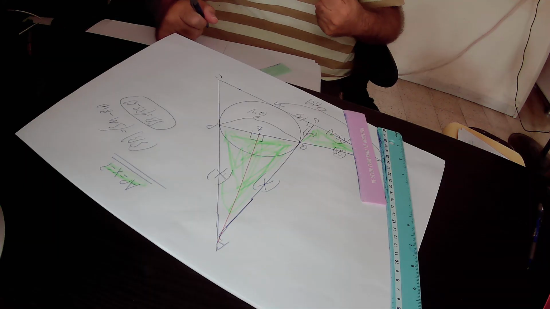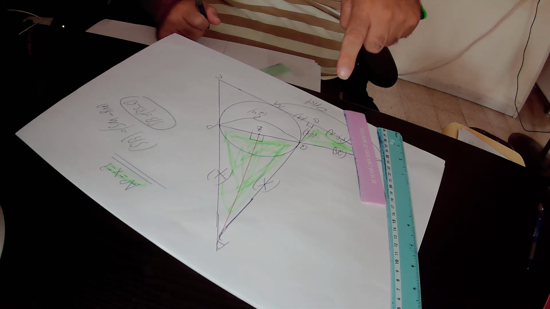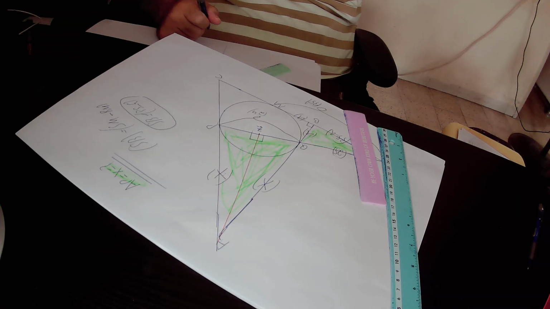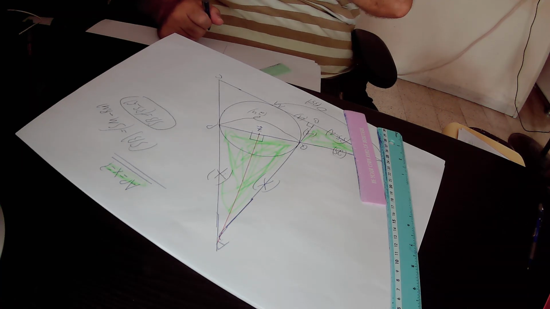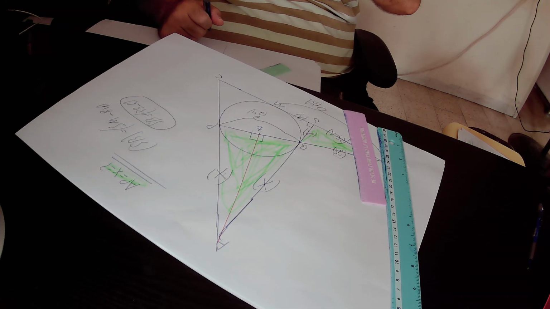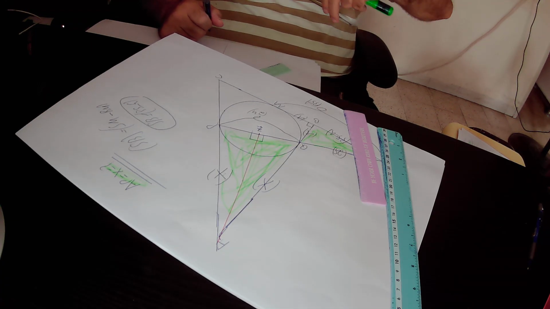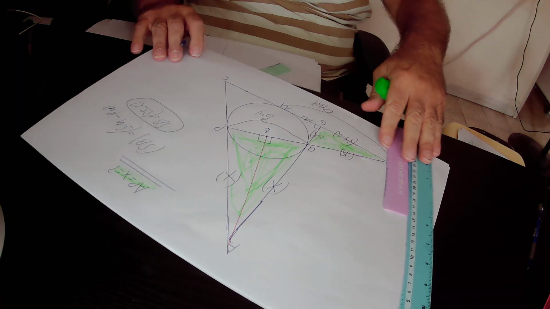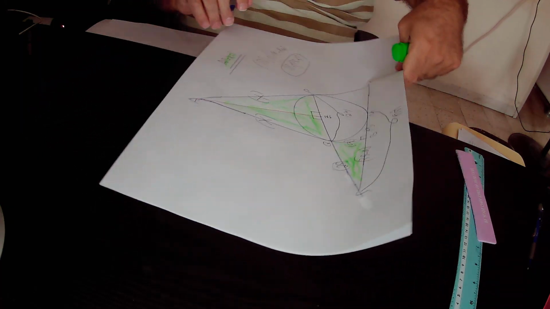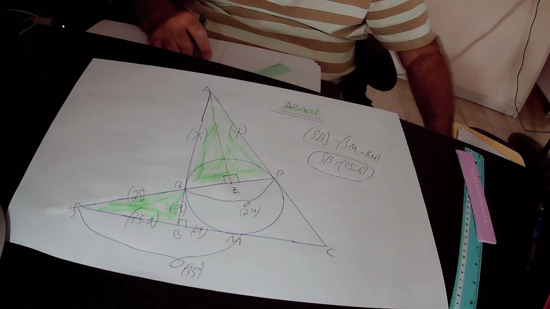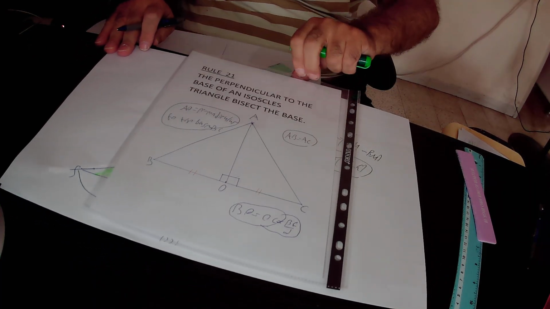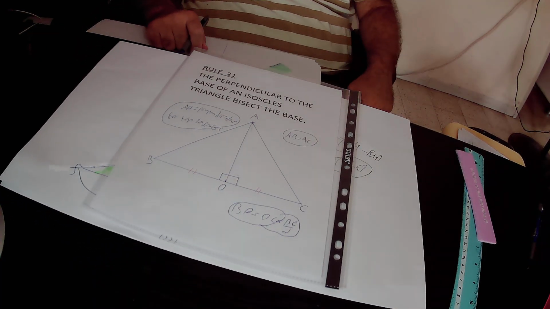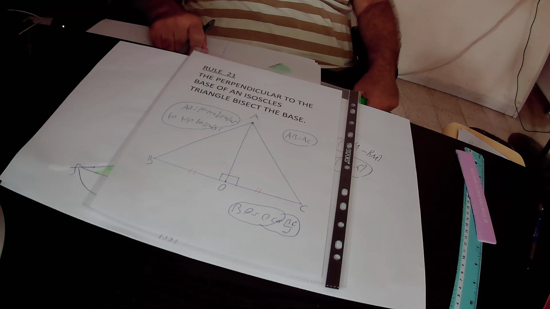So in conclusion, we have the isosceles triangle AQP. From the vertex A, we go perpendicular to the base QP. So here we can implement rule 21 on the isosceles triangle AQP. Let me repeat rule 21. According to rule 21, the perpendicular to the base of an isosceles triangle bisects the base.